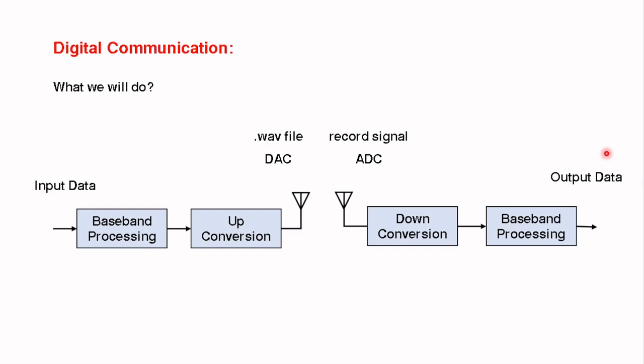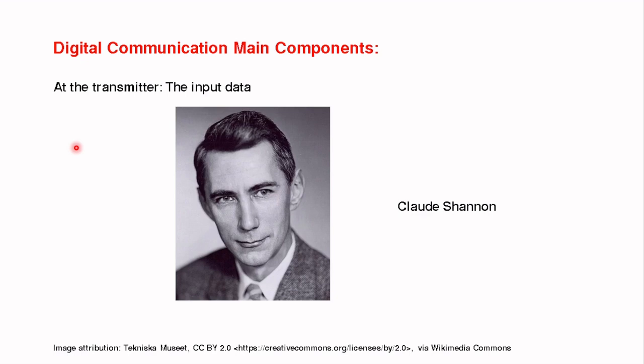So let's walk through each part of our system. First, this is Claude Shannon. He has a significant contribution to the field of information theory, and he is considered the founder of the age of digital communication. So you should know him and see his biography.